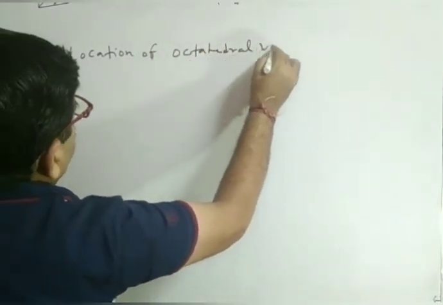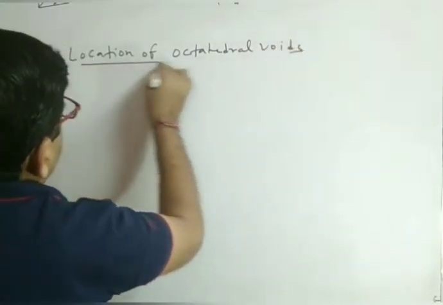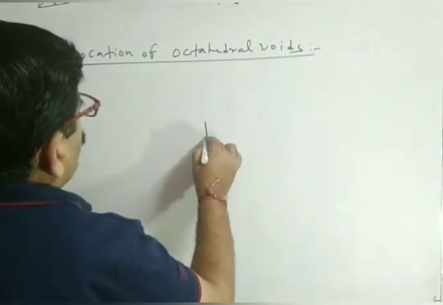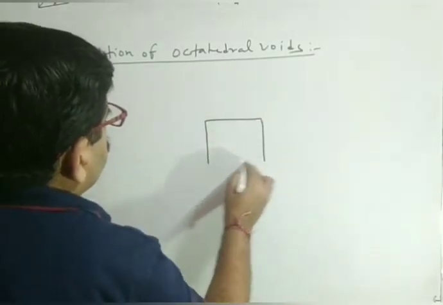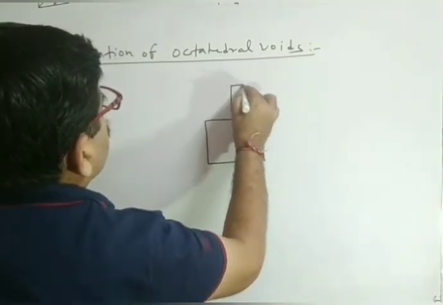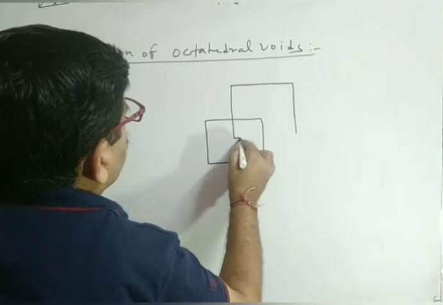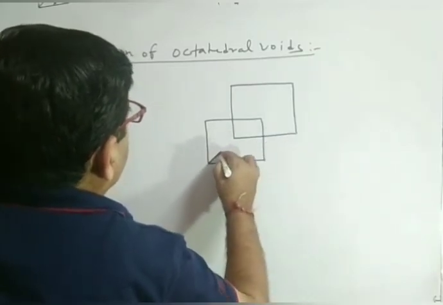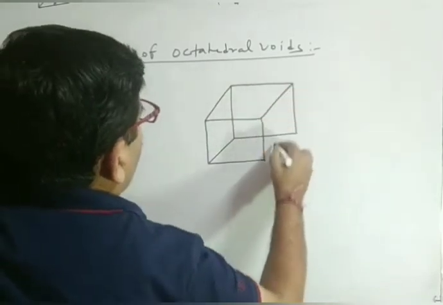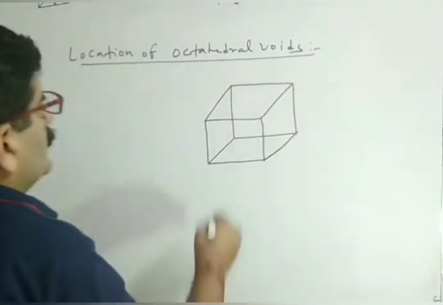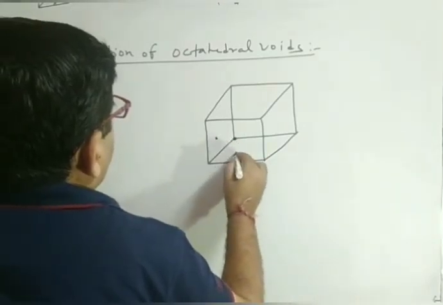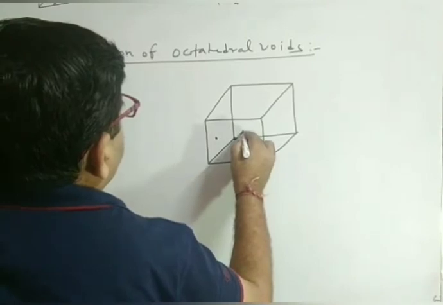So next, the location of octahedral voids. Look at this cube. For the location of octahedral void, consider such faces.